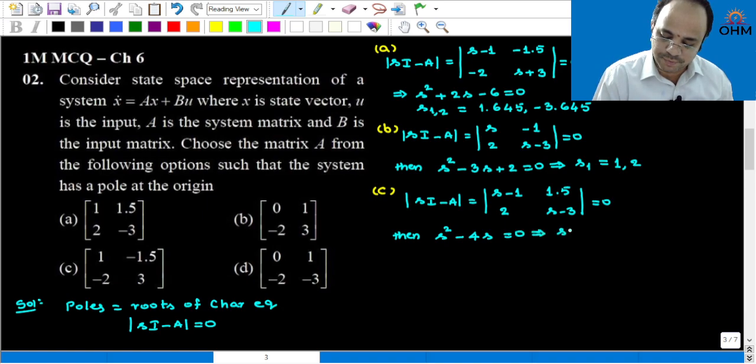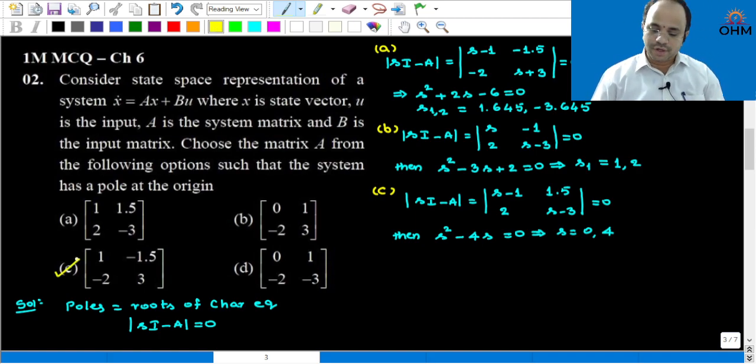Then the roots will be s is equal to 0 and 4. Therefore, in this case, there is a pole at the origin. We got the required answer. So, you need not go for option D because it is simply an MCQ, and only one answer will be correct.